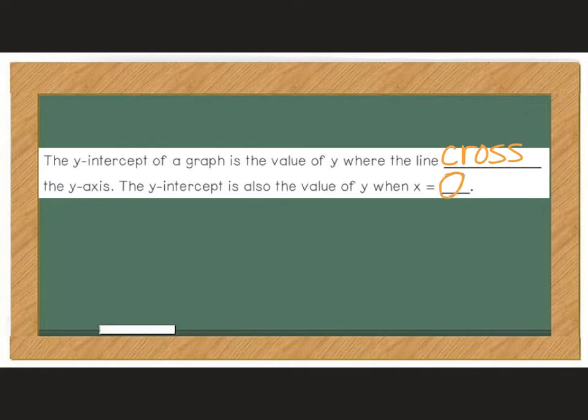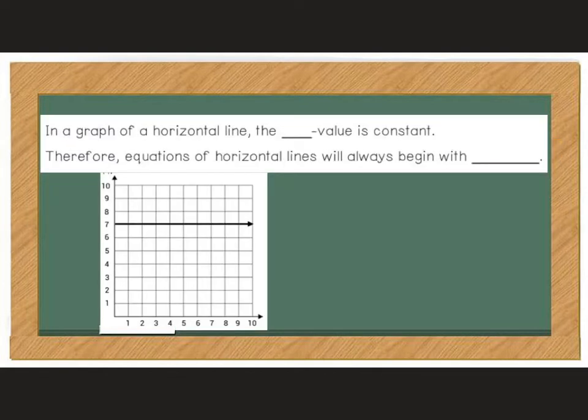I already brought this up, so obviously it's going to be important. In a graph of a horizontal line, the y value is constant, which means we have y equals some number. Therefore, equations of horizontal lines will always begin with y equals something.